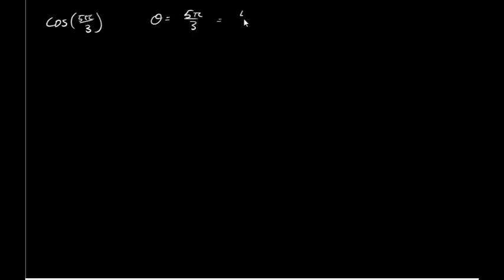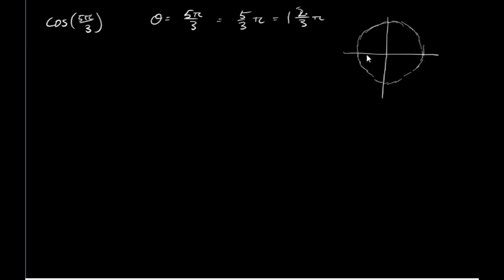is the same as 5/3 of pi, which is the same as 1 whole pi plus 2/3 of another. So when we're looking at our unit circle, I've got a full pi plus 2/3 of one.